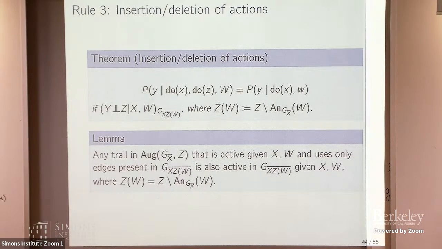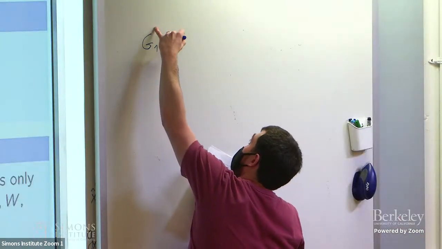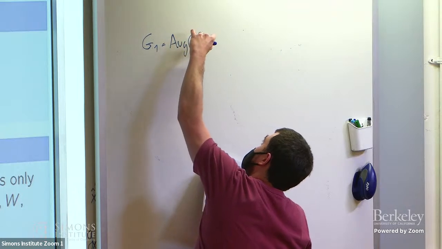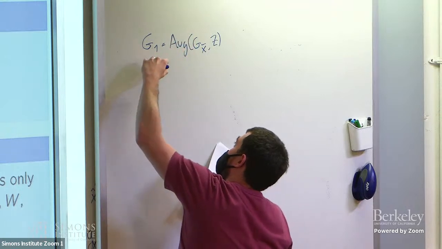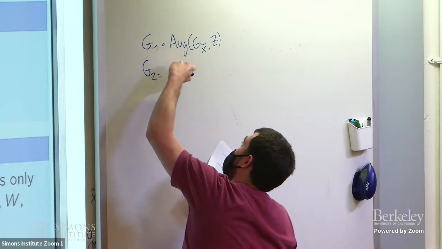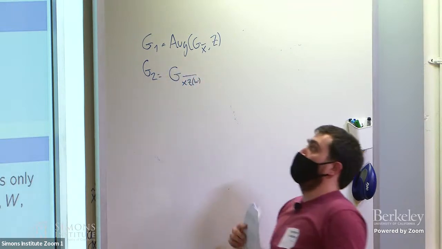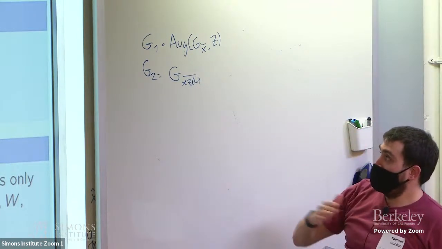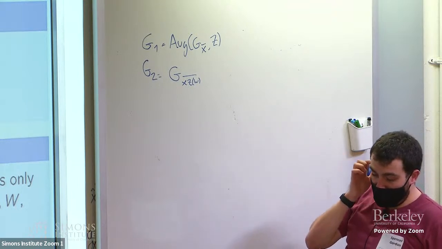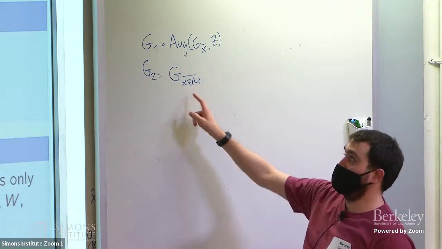Okay, so we need to give more concise names for these graphs. So G1 is going to be the augmented graph where we've done the intervention on X and we've augmented with respect to Z. G2 is going to be this graph where we've cut, in addition to Z, all the edges into the Z vertices that are not ancestors of W. And let T be a trail that's active given X and W and that uses edges in G2 only.